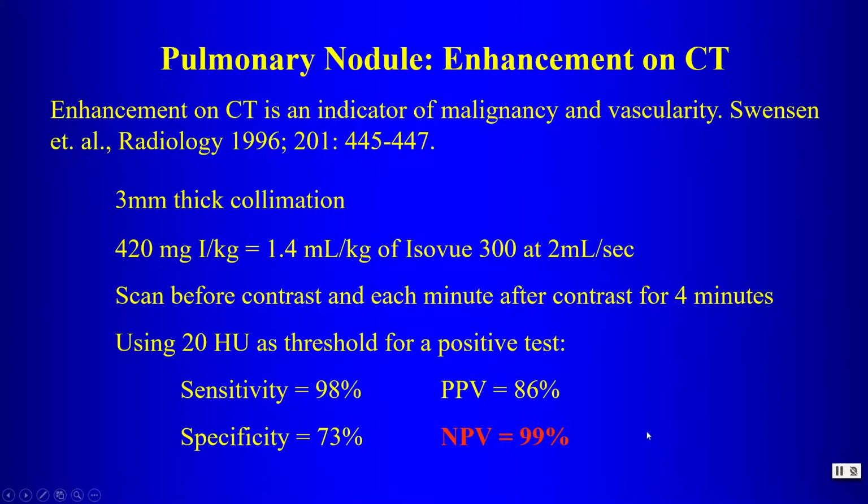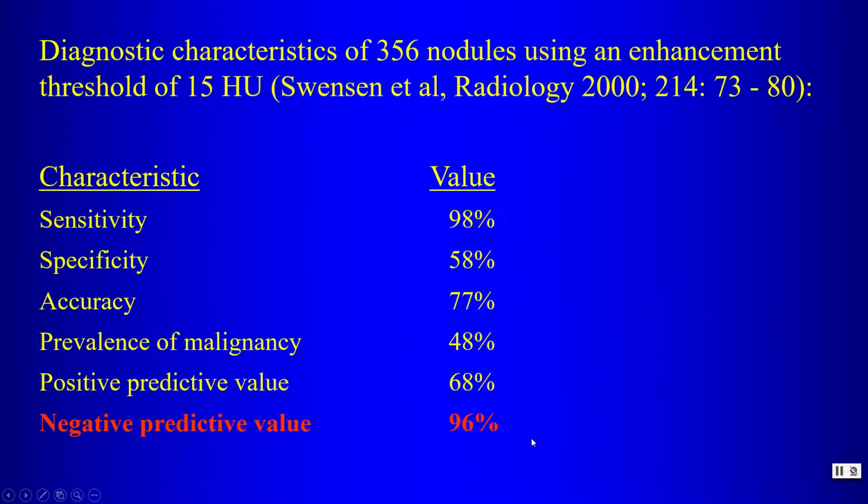Here I've outlined findings in the paper that describe this. The important number here is the negative predictive value. If the lesion enhances less than about 15 to 20 Hounsfield units, the negative predictive value is 99%.